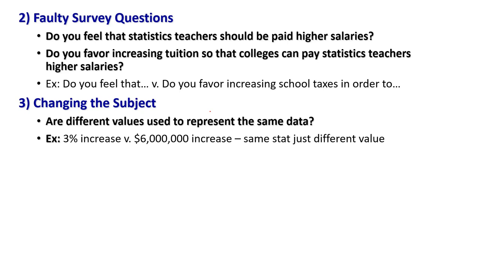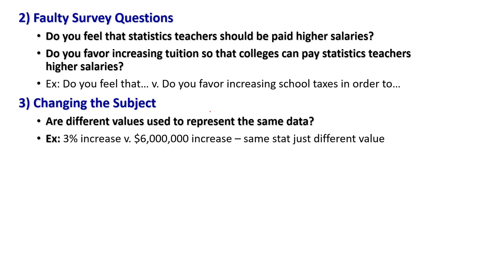Are the questions giving you the full picture of what is really happening in order for you to make an informed decision? Or is the question somehow already leading you to a specific answer because of the nature of the question? So, faulty survey questions are questions that are written very poorly.